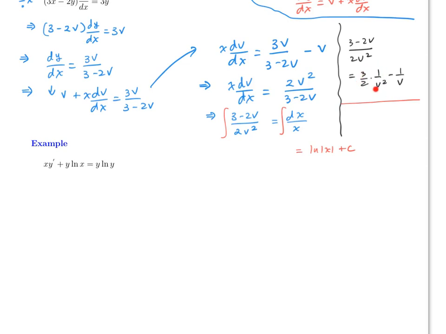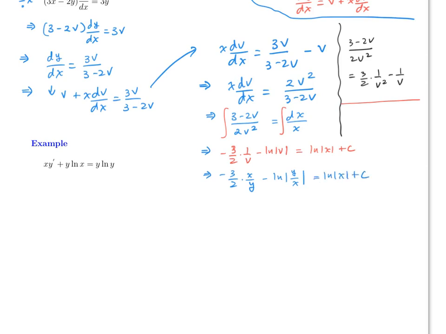Now the integral of this part is just minus 3/2 times 1 over v, and then minus ln of v, which will give you minus 3 over 2 times x over y. If you switch back from v to x and y, minus ln of y over x equals ln x plus c.